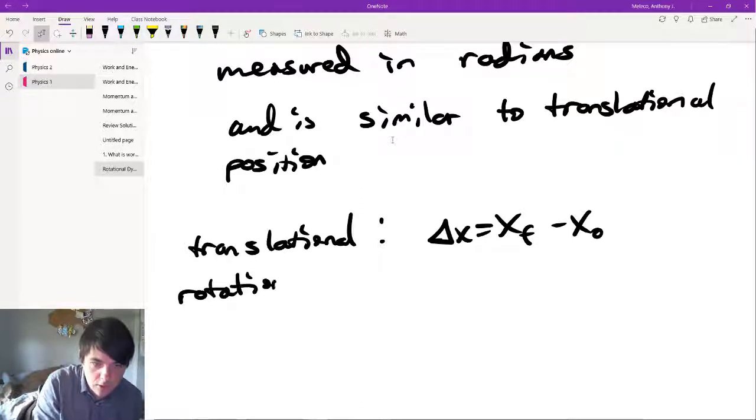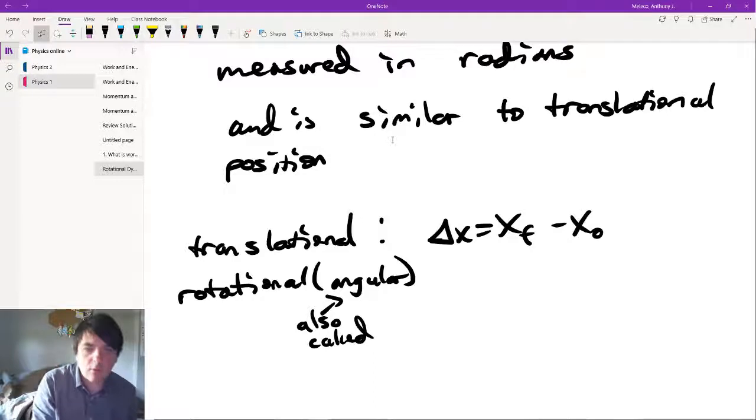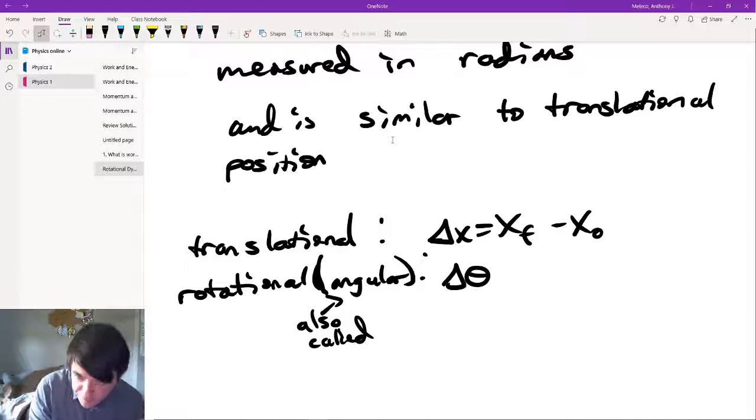Rotational, this can also be called angular. You'll see me interchangeably use angular and rotational when it comes to this stuff. But use the symbol theta, and it's theta final minus theta initial.